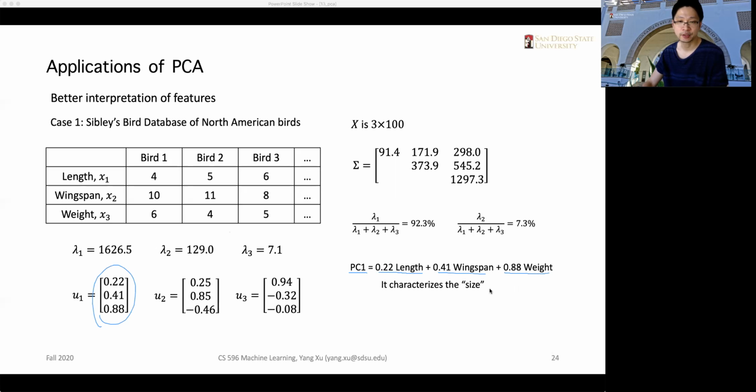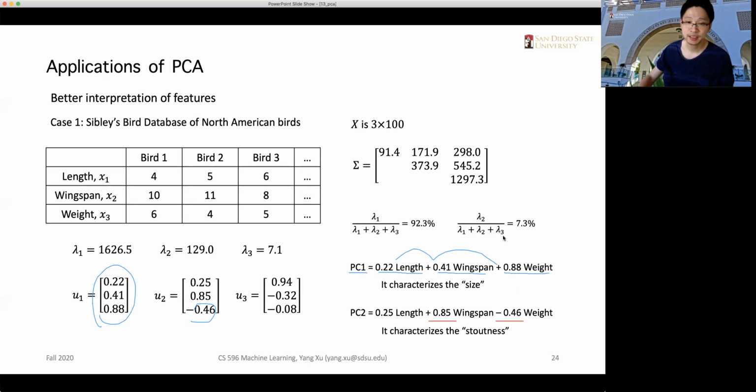It basically captures the size, right? All these quantities are positive. And we can notice that there are some negative values in the others. PC2 is the length plus wingspan minus weight, right? So it probably describes something like a stoutness feature, because of the negative coefficient along the weight dimension.